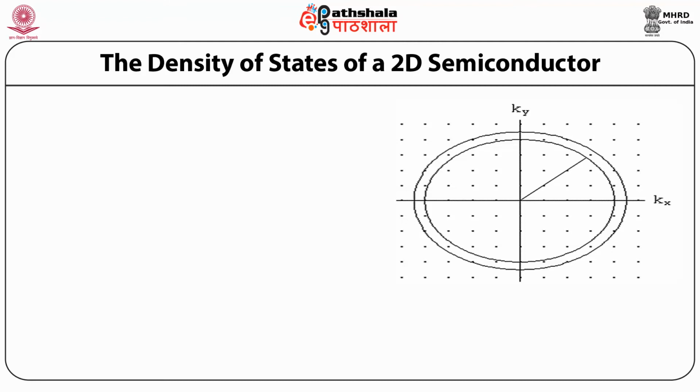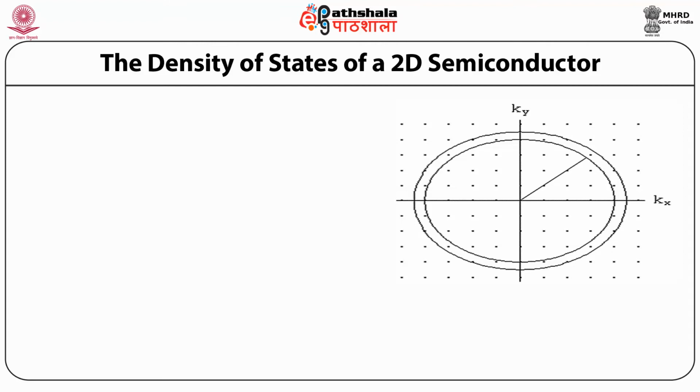So the k-space volume of the circle within the k-space, V circle, equal to pi k square, and the number of filled states in a circle comes out to be capital N equal to V circle divided by V single state, multiplied by 2, multiplied by half, multiplied by half.